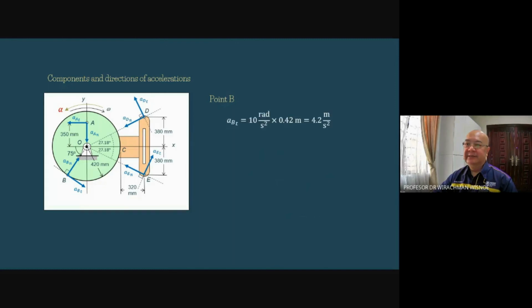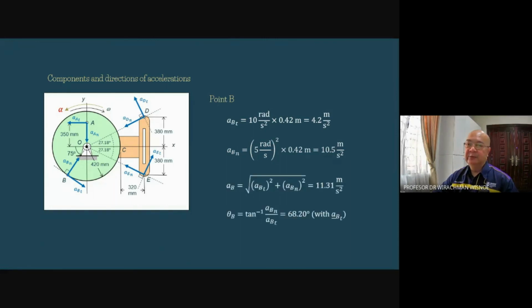Point B, you calculate tangential alpha times R. This is the alpha, this is the R, the distance from O to B. And for normal, the same thing, omega square times R, and then you can calculate the resultant and the angle.